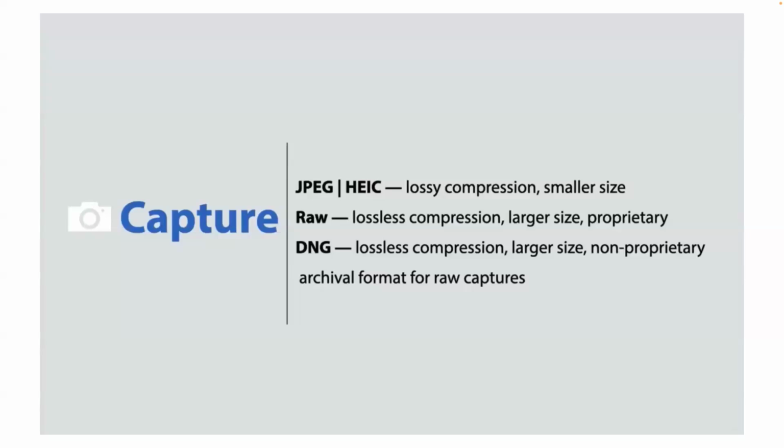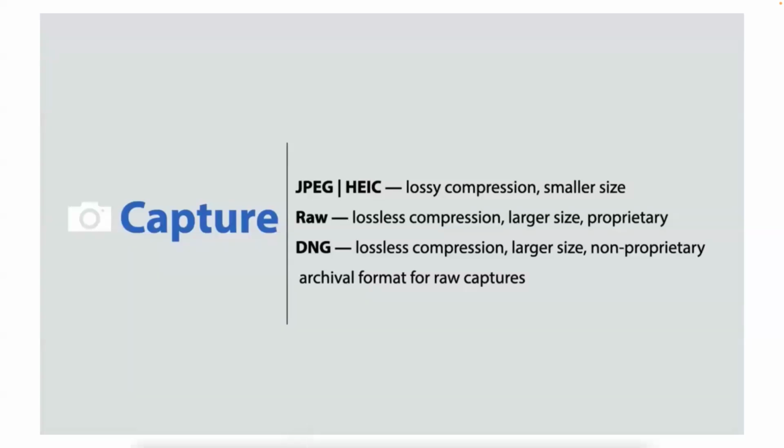I don't actually know what that stands for. I think Adobe created DNG. It's a raw file format, and it's non-proprietary, so you can use it on all different kinds of platforms. But Photoshop will work with Canon RAW, Nikon RAW, pretty much all raw file formats.